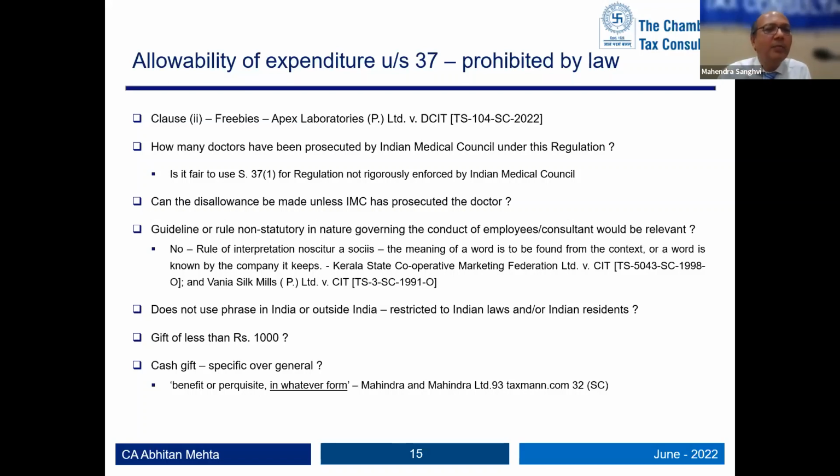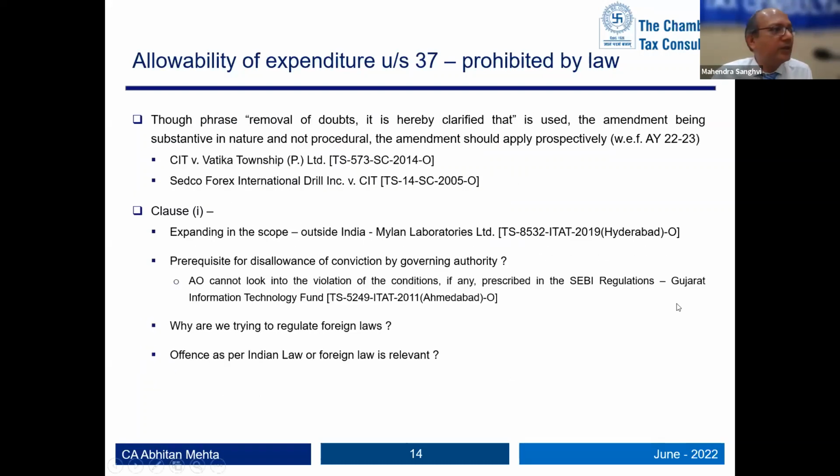Before Abhitan comes to the few issues, let me take up what he has already discussed in the earlier slide. Abhitan, if you could take us to the earlier slide. That is Explanation 3.